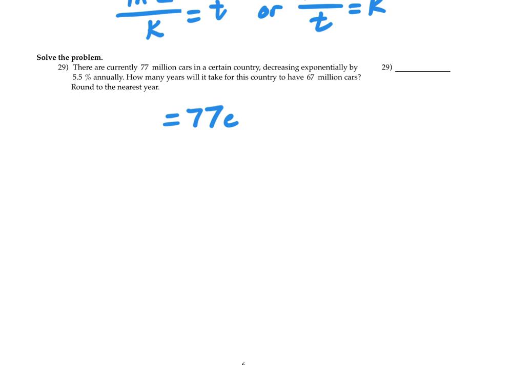We know the rate. The rate is 5.5%, so that's going to be 0.055. We do not know t. We want it to end up at 67.